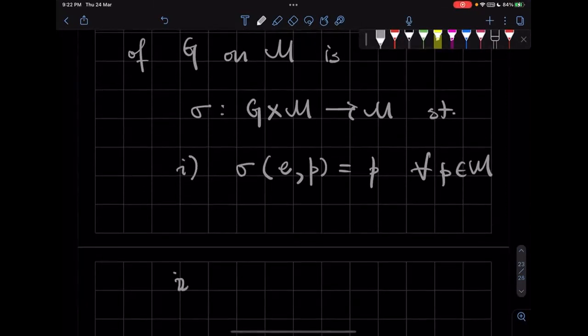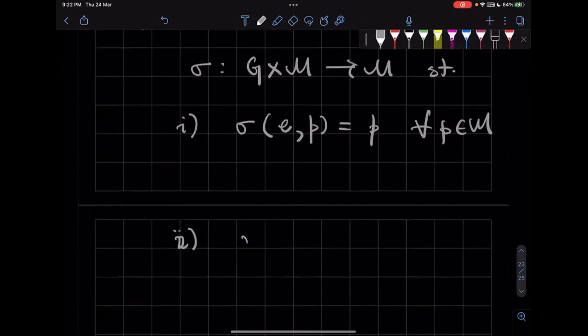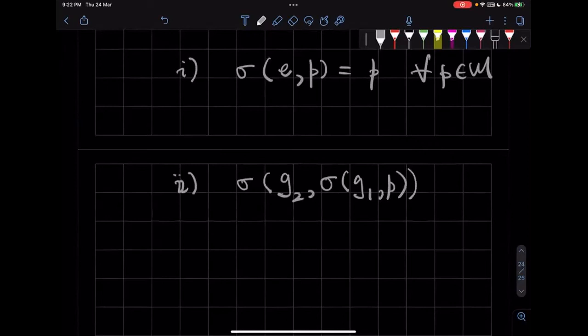The other property it must have is, suppose I have a group action with G1 on a point and it gives me another point, and I have another group action on that resulting point, then that should be given by the group action of the composition of the two group elements acting on the original point.